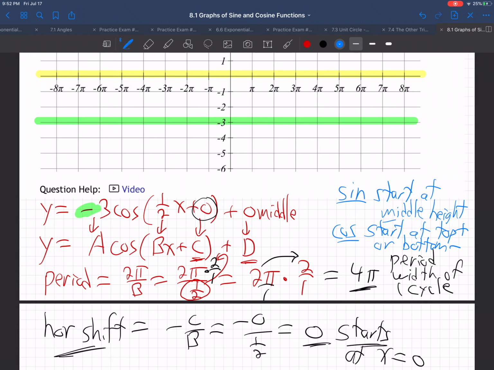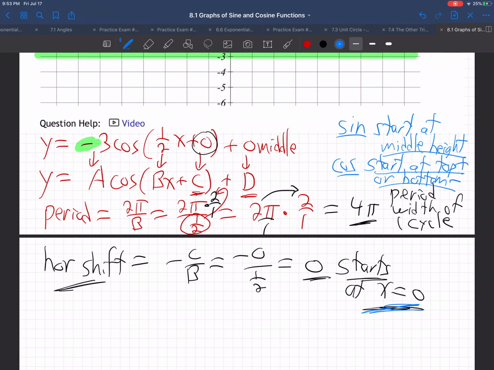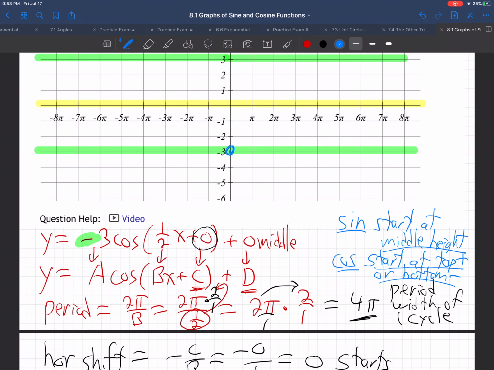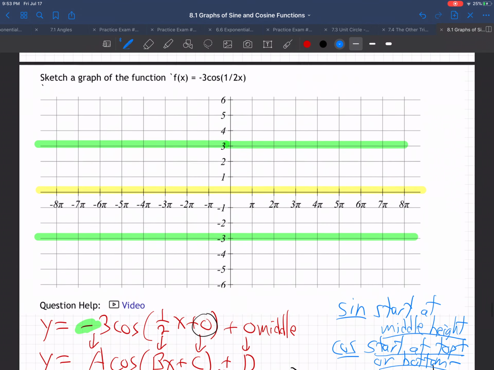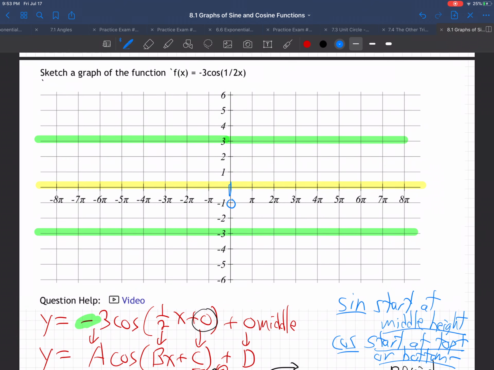So sine graphs always start in their middle height and go up and down. Cosine graphs always start at the top or the bottom, top for positive, bottom for negative. What do we have? We have a negative cosine graph, remember? So ours is going to start at the bottom. And we know it starts at x equals 0 at the bottom. So it must start right here, right? Because this is x equals 0, and this is the bottom at x equals 0. So ours is gonna look like this. It'll start at the bottom, go up, go down, and finish at the bottom, one cycle.